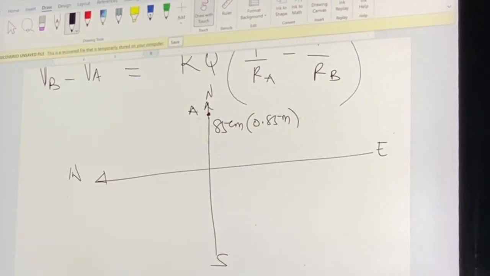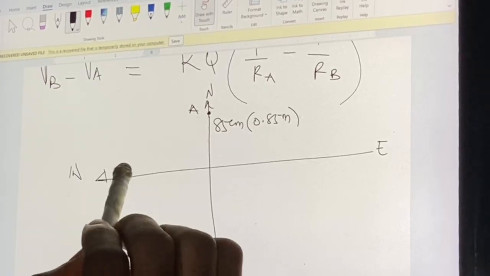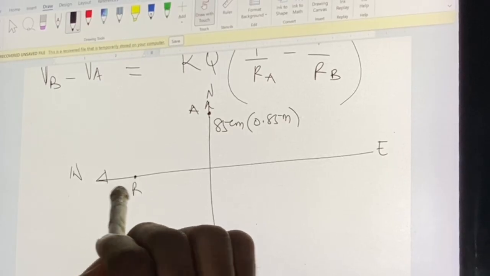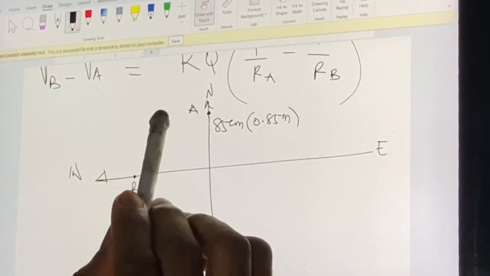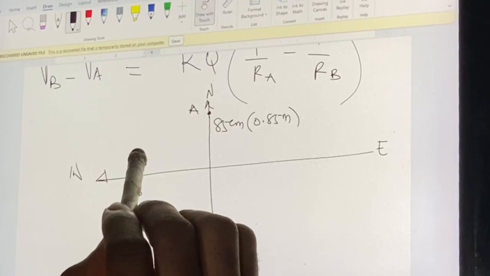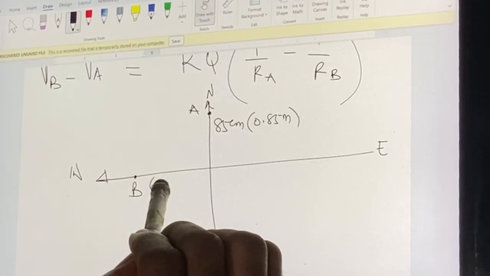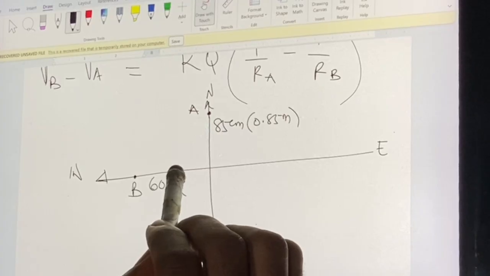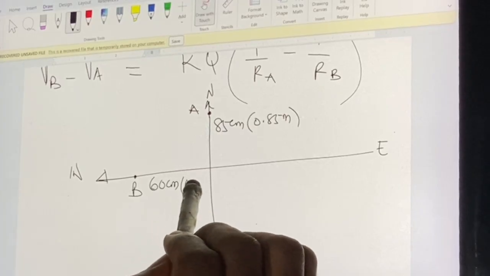Now we have to consider a point again, B, at the west. This is west here, B. The distance given to us here is 60 cm. In meters it is 0.6 meters.